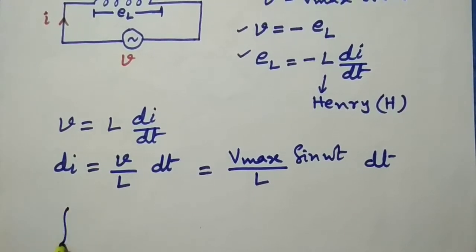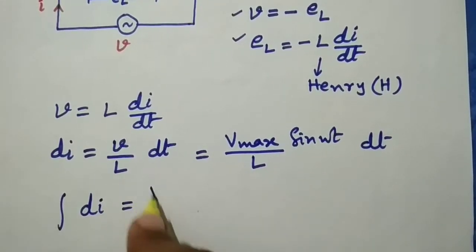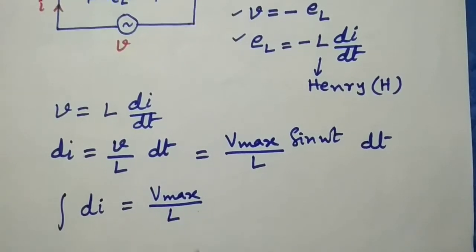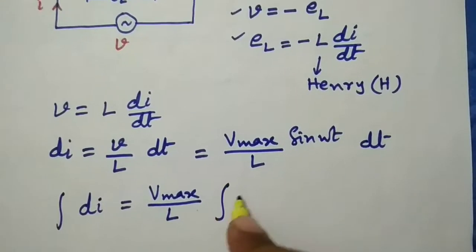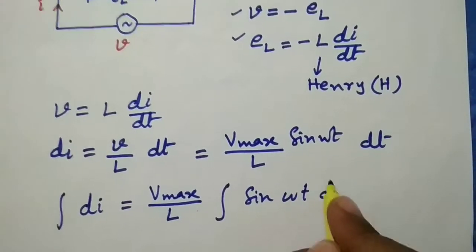Next, integrate both sides. So on the left side, integration of di, and on the right side, V max upon L is a constant value, so we can take it outside the integration. So V max upon L integration sin omega t dt.